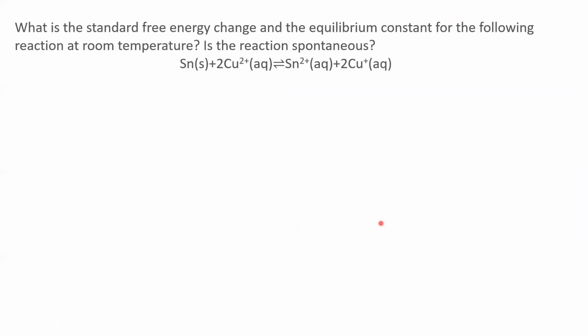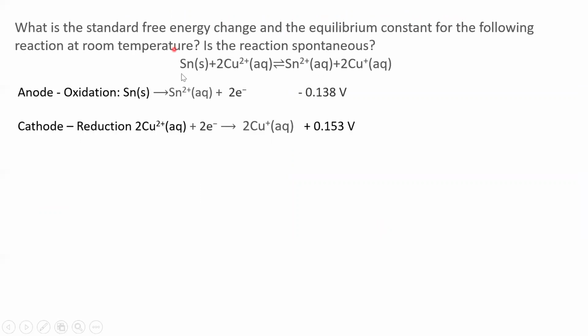So let's look at a problem. We're given tin atoms reacting with copper ions to form tin ions and copper atoms. We look up on the table the value for the oxidation, negative 0.138, and the value for the reduction, 0.153.